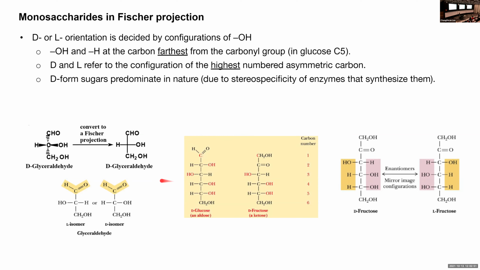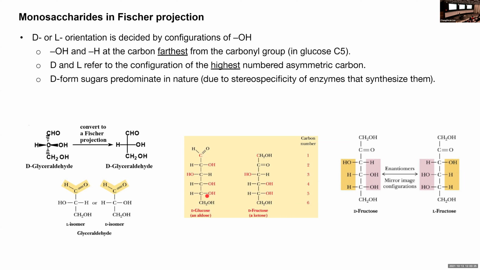But now the question is which hydroxyl we need to use for telling whether this is D form or L form. What we use is the farthest carbon from the carbonyl group. We're going to talk about the rings later on, but keep in mind that we're always using the farthest one. Still, you have to take into consideration whether this is a chiral center or not, right?